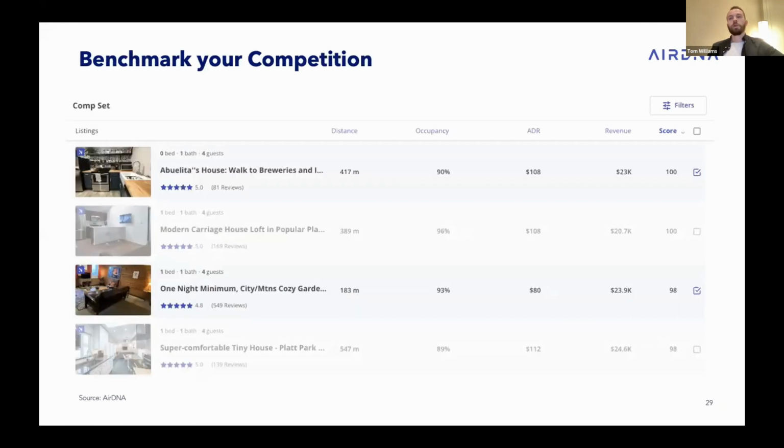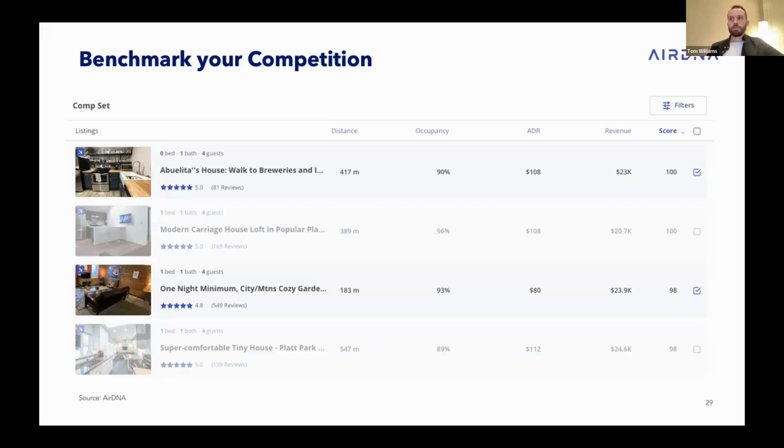And finally, benchmarking competition. Identify realistic competitors. This is something that some of you may do manually, which can be time consuming. But with the comp set page in MarketMinder, you can see comparable properties based off how close they are to your listing, how many bedrooms they have, and if they have similar amenities. So you can define realistic market competitors.